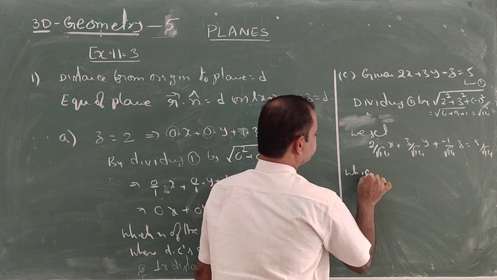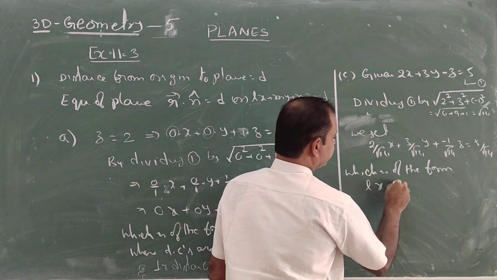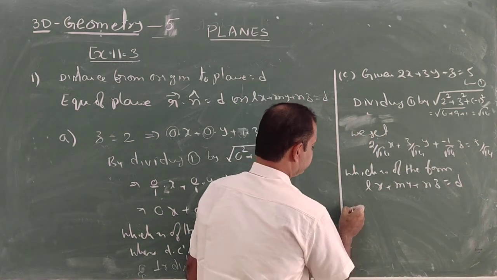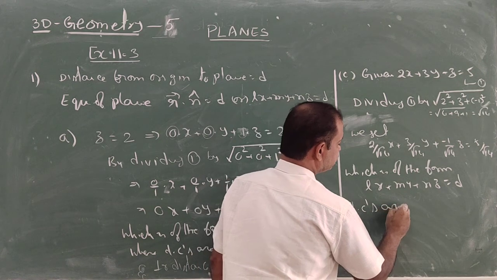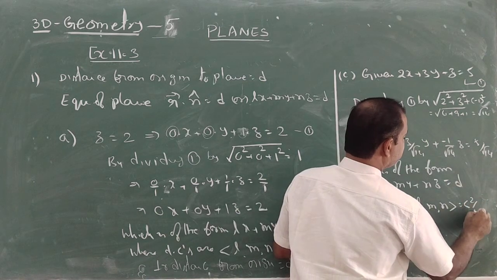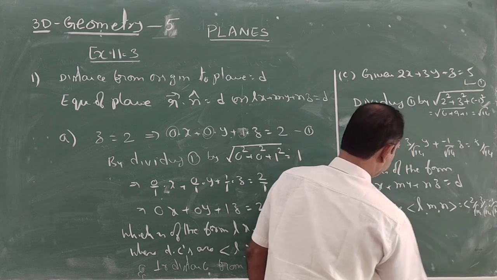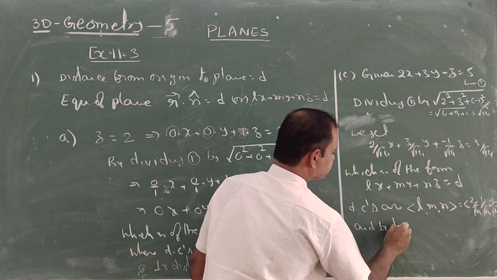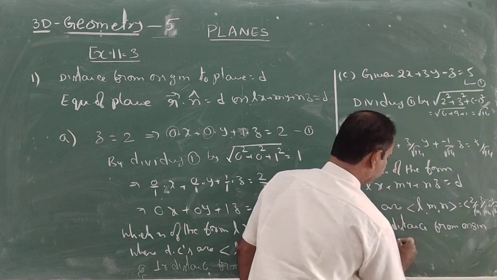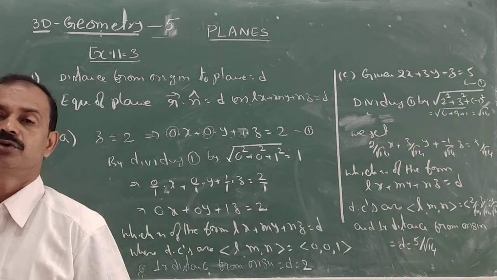Now which is of the form lx plus my plus nz is equal to d, where the DCs l, m, n are 2 by root 14, 3 by root 14, minus 1 by root 14, and the perpendicular distance from origin is d, which is nothing but 5 by root 14.